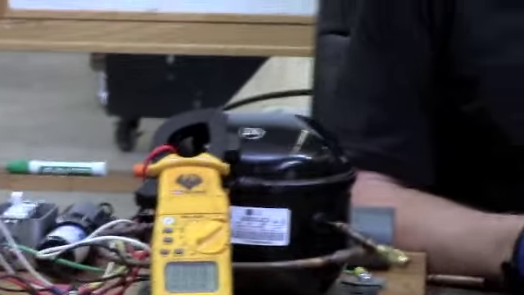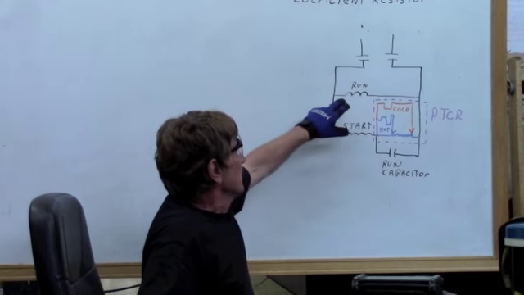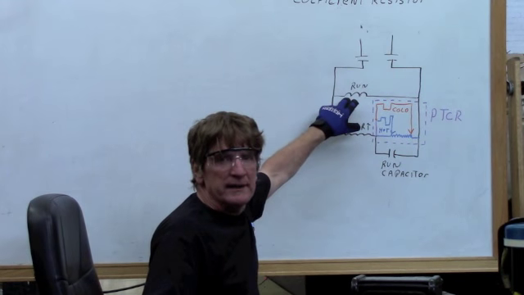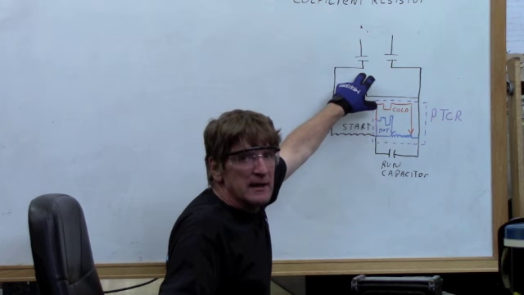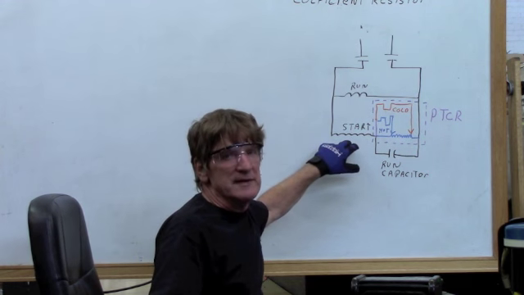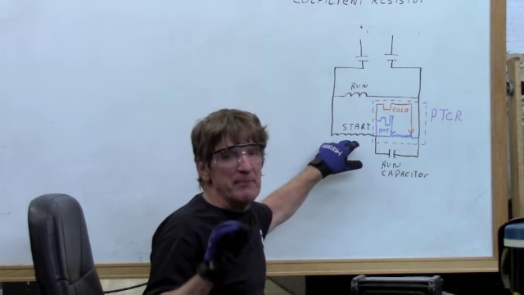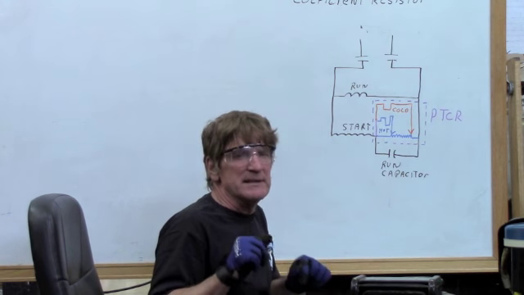So if we look back at our chart, we can see we have our run winding. Our run winding gets energized as soon as we close the set of contacts. The start winding is going to get energized at about the same time, as long as that PTC is cooled down. It is critical that we let that PTC cool down.